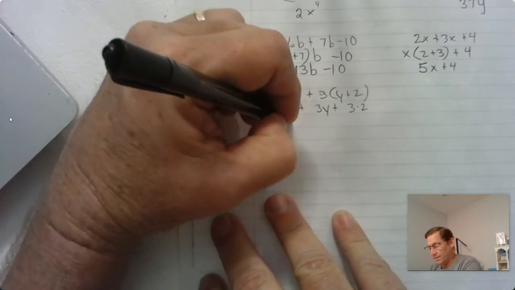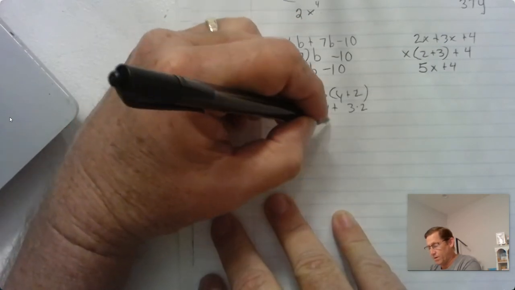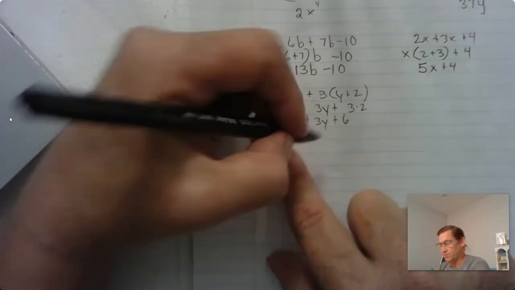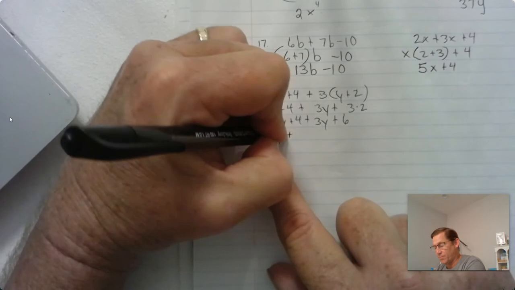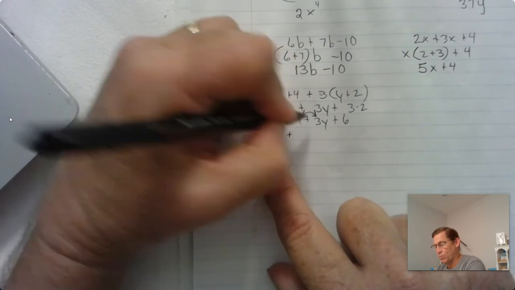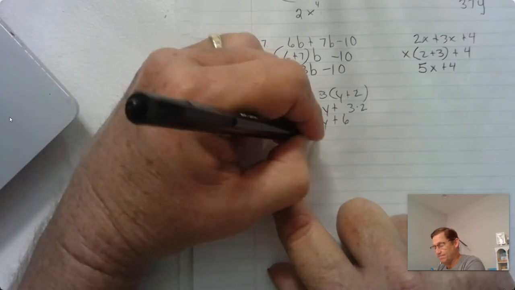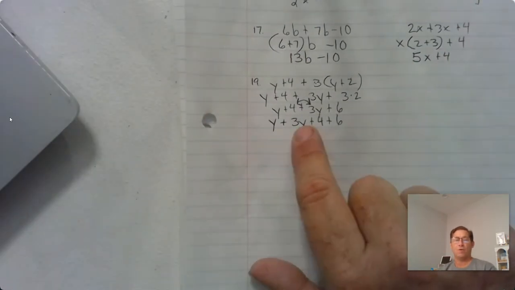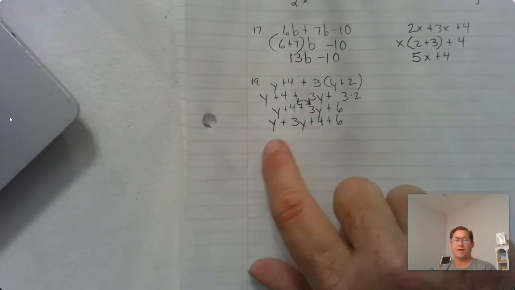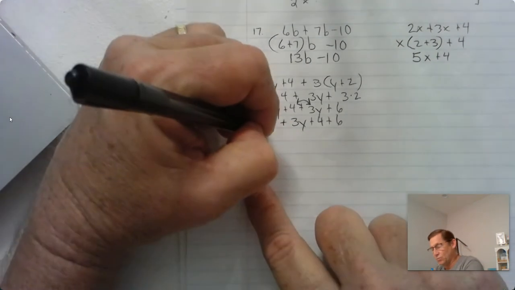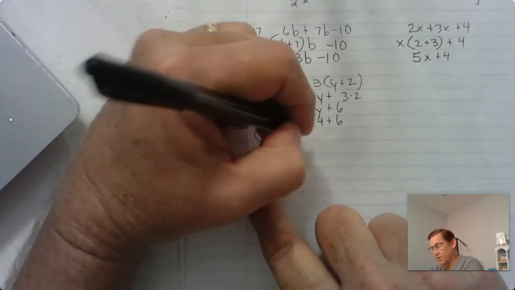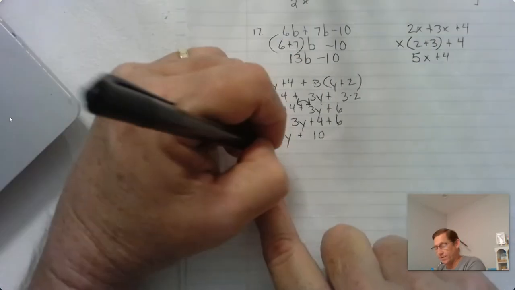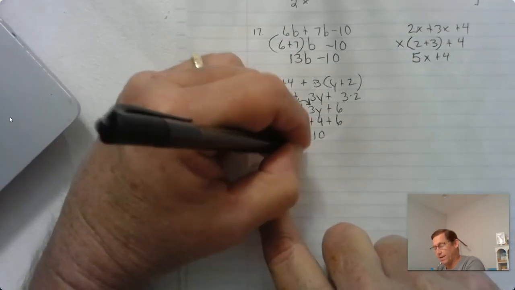So we have y plus 4 plus 3y plus 6. Well, we want the y's together, so let's use the commutative property to switch places with the 4 and the 3y. Okay, now we have y being multiplied by 1 and 3. So 1 plus 3 times y plus 4 and 6 is 10. 1 and 3 is 4, so 4y plus 10.